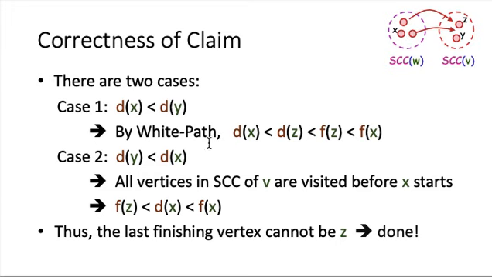So when Y has discovery time less than X, all the vertices inside this group have to be done before this one. So again, we have f of Z: Z has to be finished before X can ever start. So in any case, the finishing time of Z is smaller than the finishing time of X. So Z here cannot be the one that finishes last among all the nodes in the DFS order. In such a case, we have proven the claim, and so that's all.